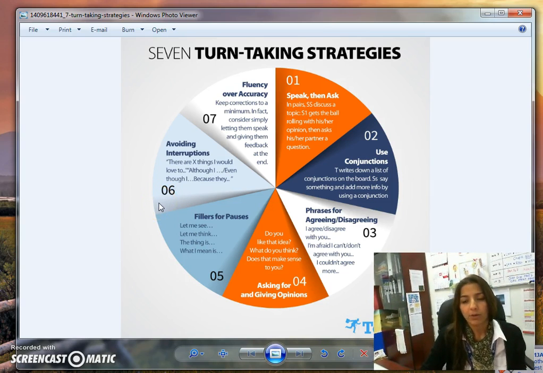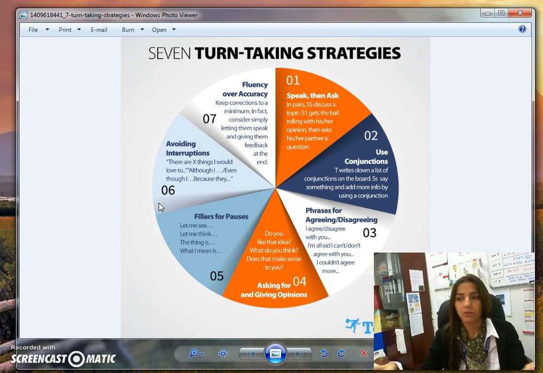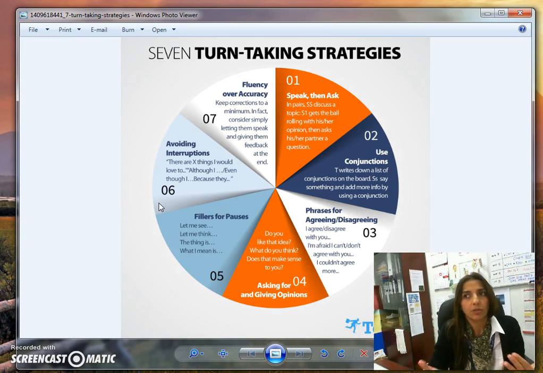Then number 6 is avoiding interruptions. How do you avoid interruptions? Well, maybe there is a counter discussion. Maybe somebody says something, somebody disagrees, or you feel there is some kind of a disagreement. So at that time, you can take your turn to come in and clarify what is being discussed and what is being contradicted upon.